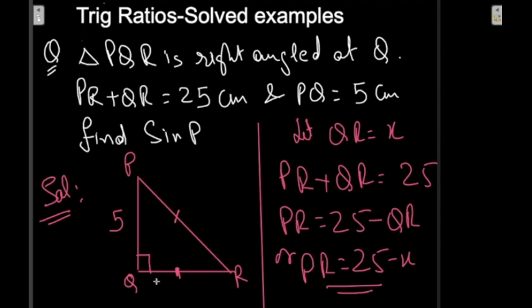So this becomes X and this becomes 25 minus X, right?